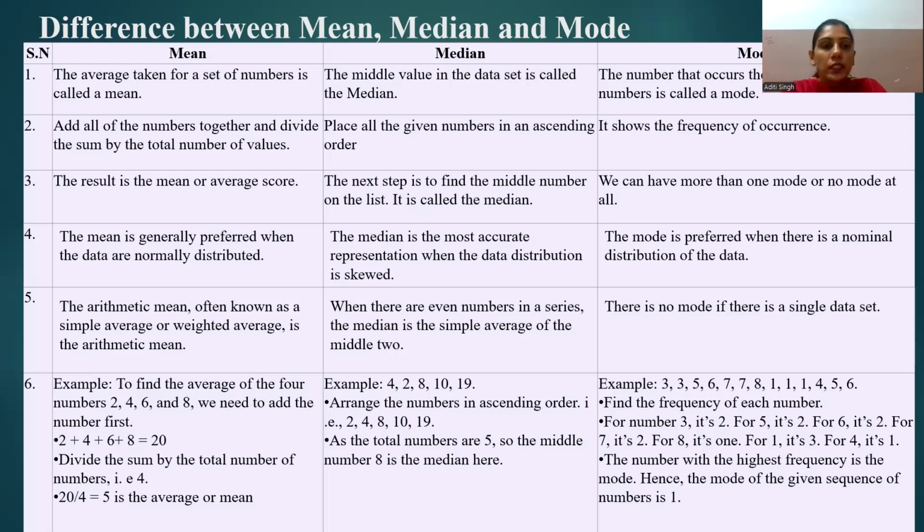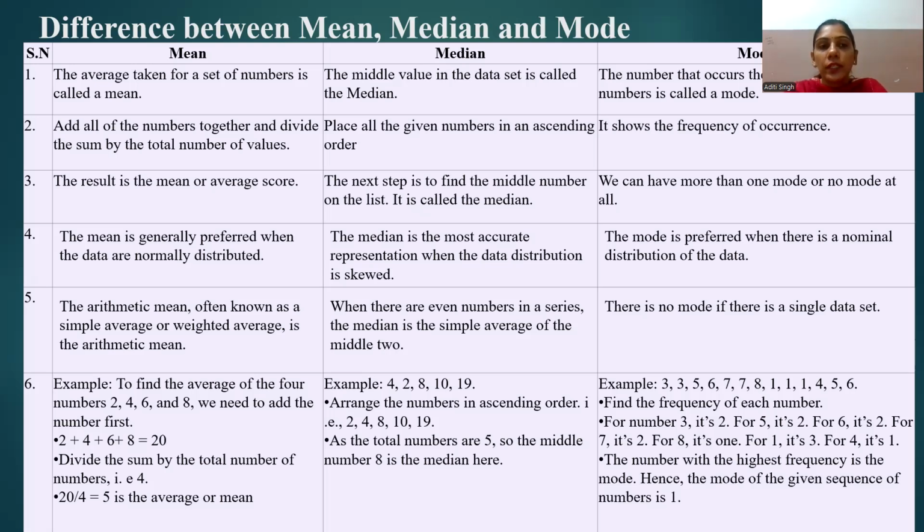Okay. Now, the data type required for all these three measures of central tendency: when we calculate the mean of a given series, it is preferred that the data should be normally distributed.